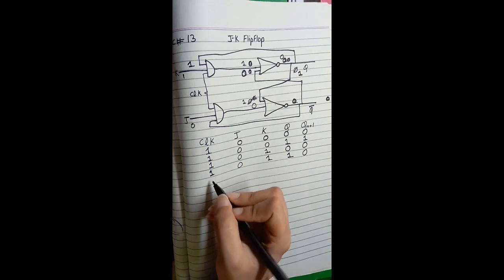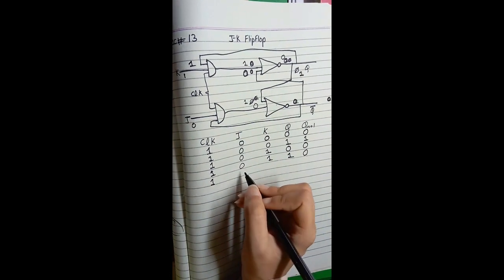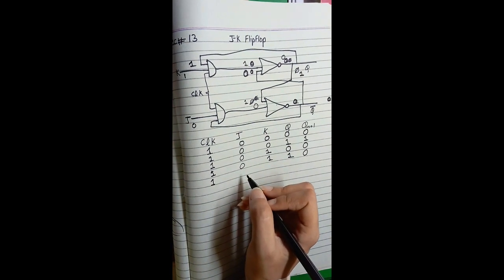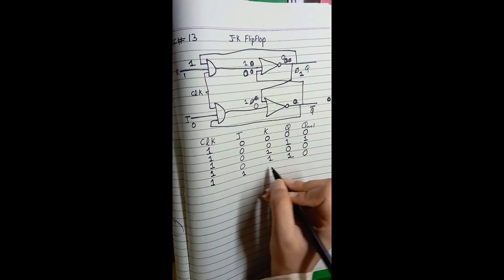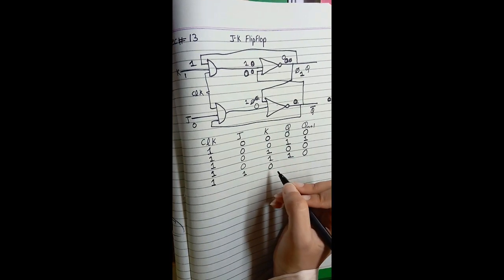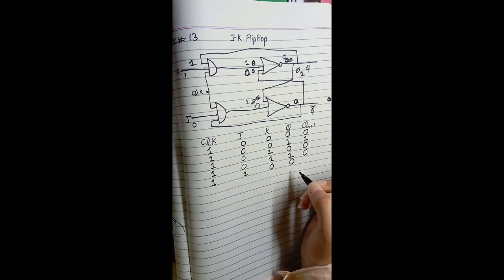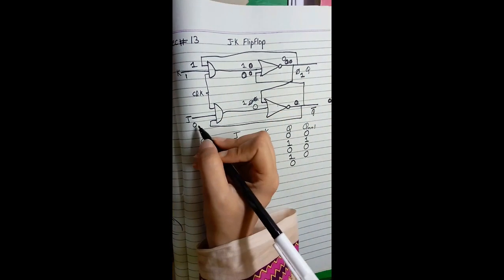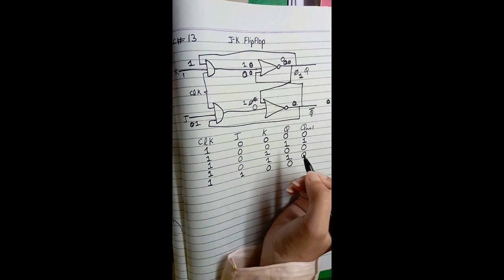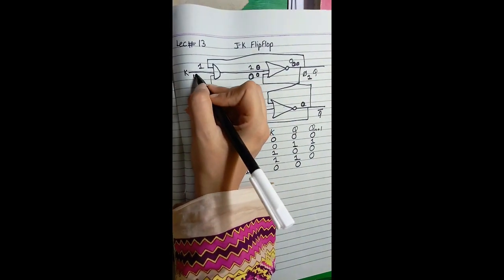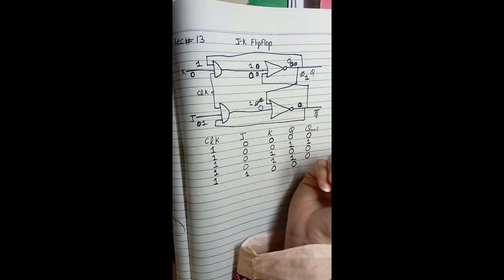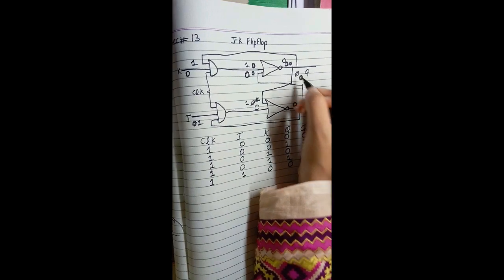Now we will see that whenever clock is 1, we are taking the value of j and k as j is 1 and k is 0. So now we will see that whenever we take our input q as 0, so our j is 1, k is 0, and our q input is 0.